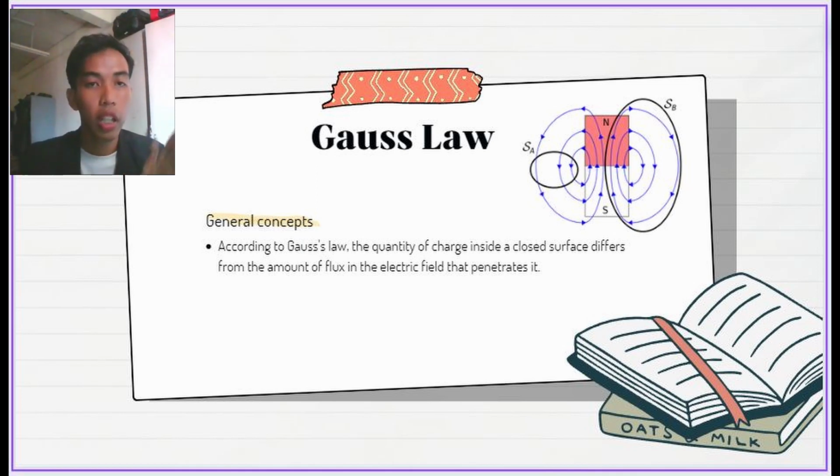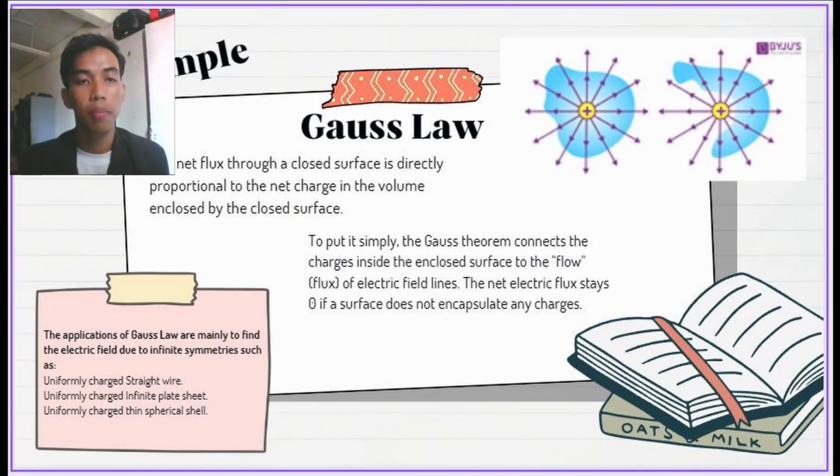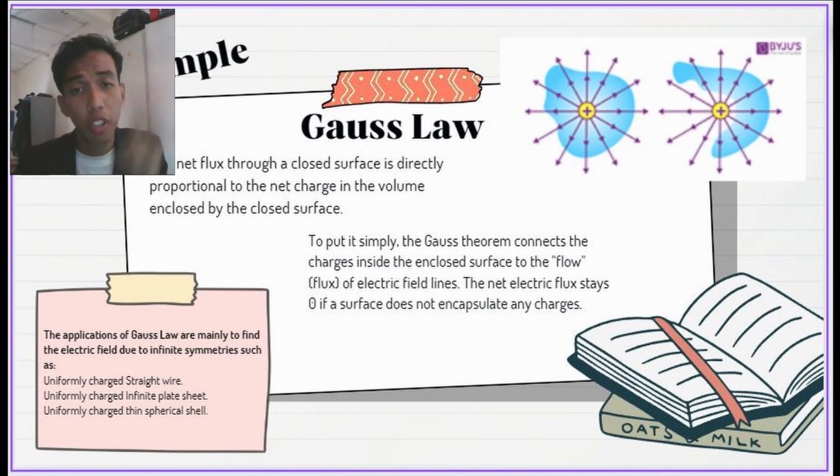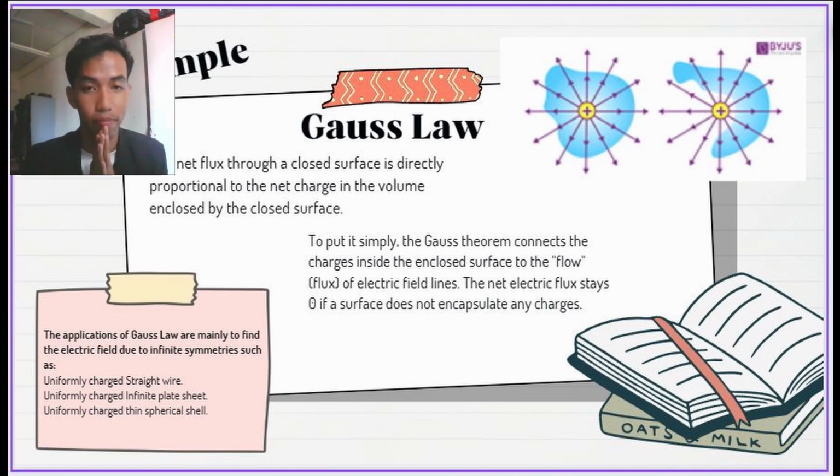The flux through a closed surface is directly proportional to the net charge in the volume enclosed by the closed surface. To put it simply, Gauss's theorem connects the charge inside the enclosed surface to the flow, which is the flux, of electric field lines.